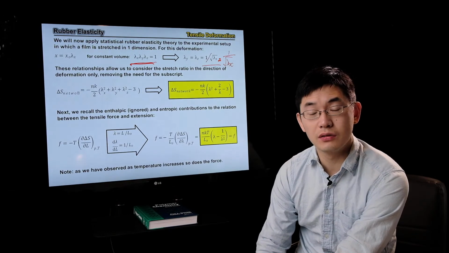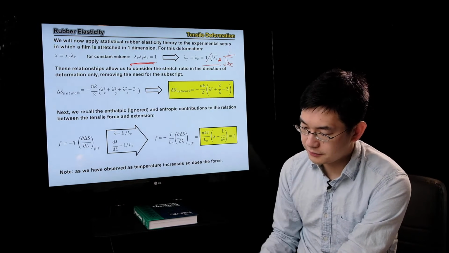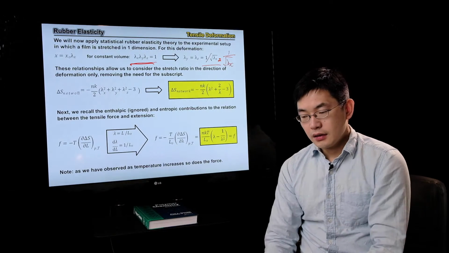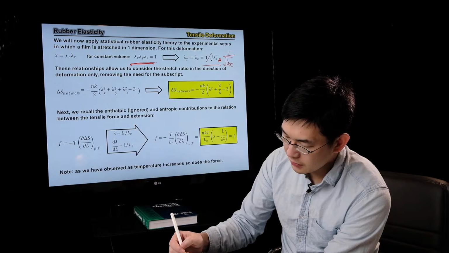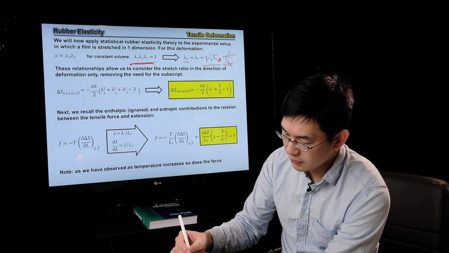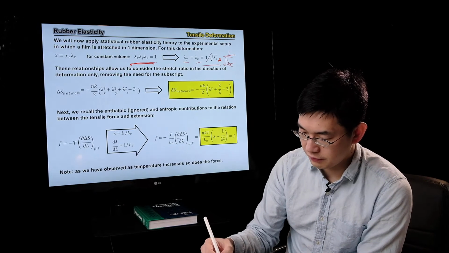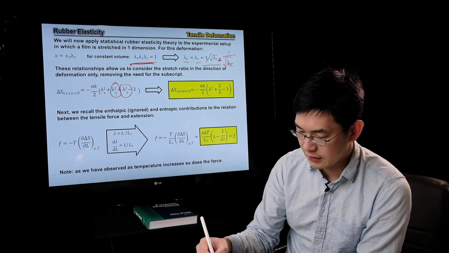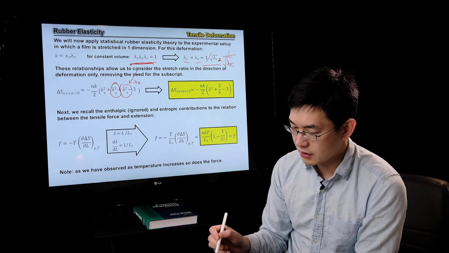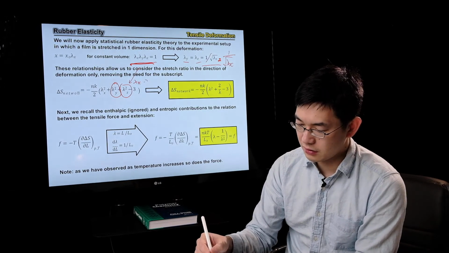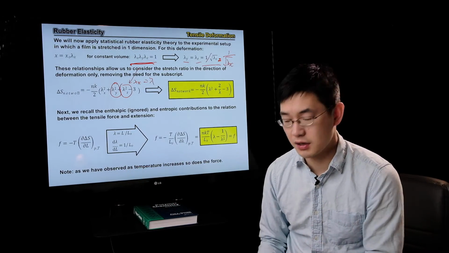That means there's no volume change before and after stretch. So this allows us to replace all the lambda y and lambda z in the equation we saw before. If we replace these with lambda x, we get a simplified equation as shown on the right. Or we can just call it lambda, because we only stretch in one direction.